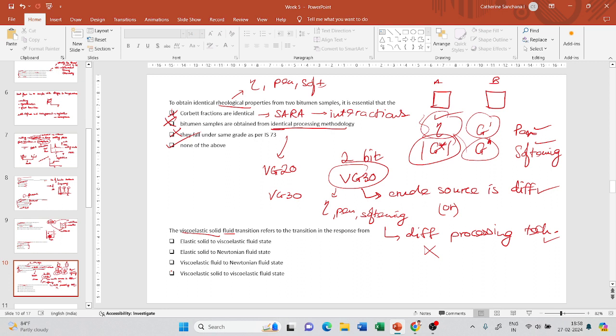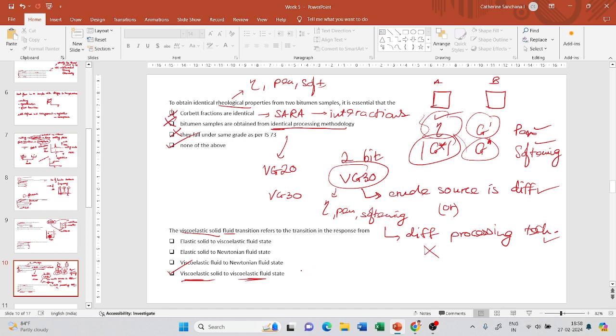So the transition is from viscoelastic solid to viscoelastic fluid state. Now, how to identify whether the material is in a viscoelastic solid state or a viscoelastic fluid state? There are many criteria that have been identified to capture this transition.